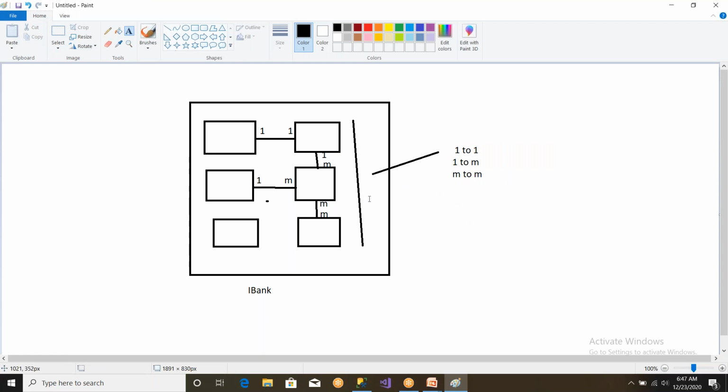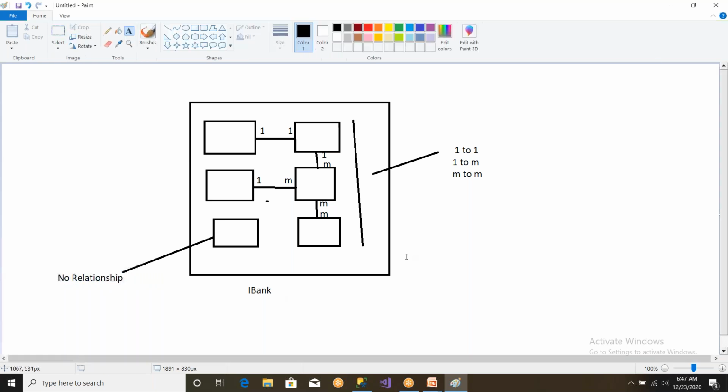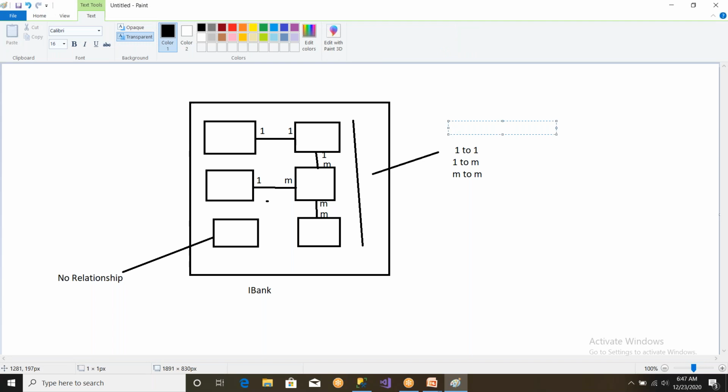Some tables will have no relationship at all. For example, this one: there is no relationship. This is an independent table. So a table may have relationships, or a table may not have relationships. This is what you need to understand. If you have relationships, what should we do?